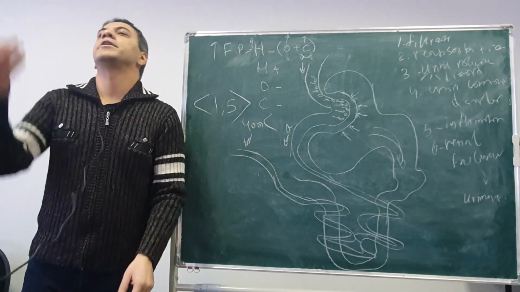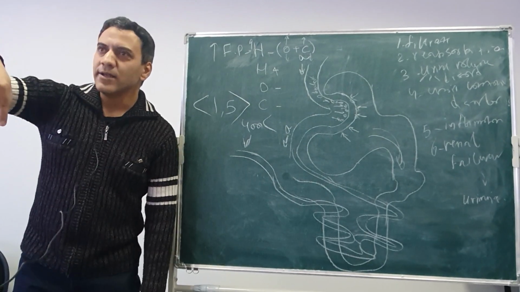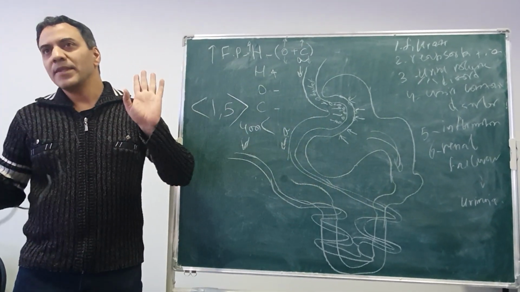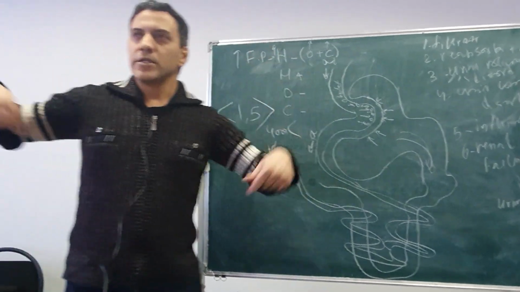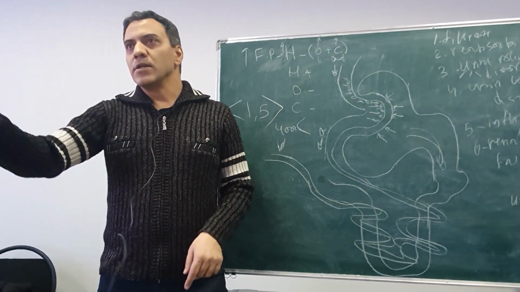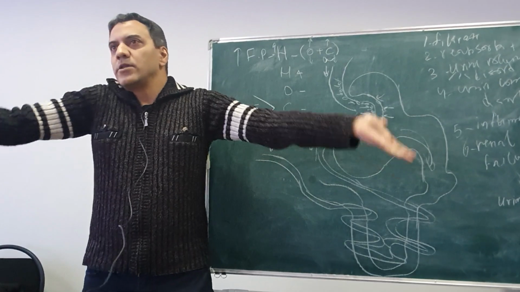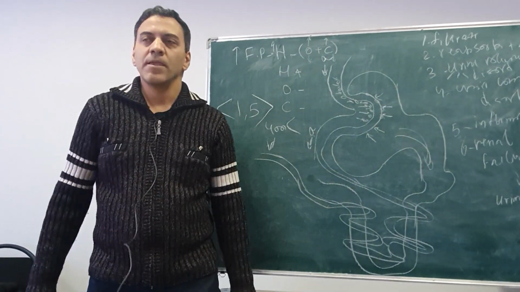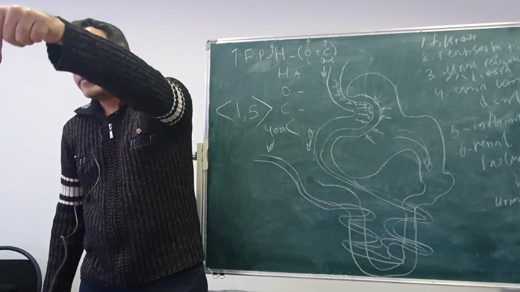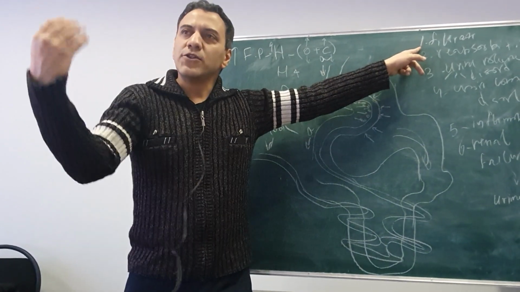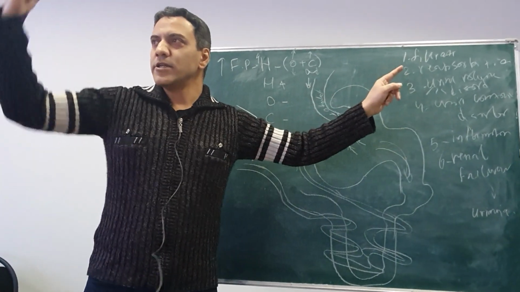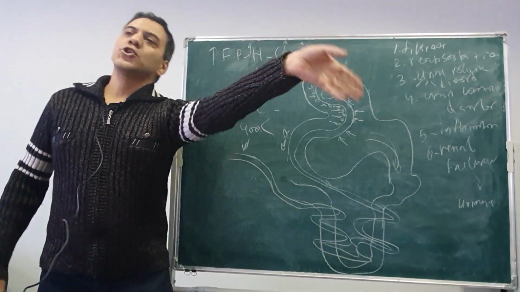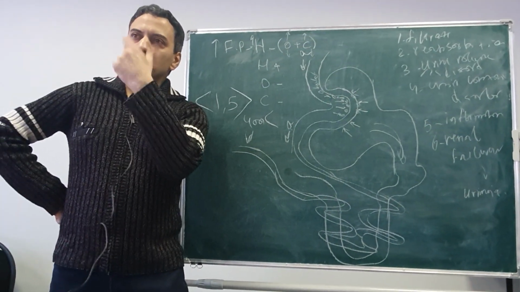Oliguria could be pre-renal, renal, and post-renal. Pre-renal, the same: systemic disease, organism disease, for example dehydration. Understood? Renal, problem in the kidney: hypofiltration or increase of reabsorption, the opposite, increase of reabsorption. Post-renal, what could it be?